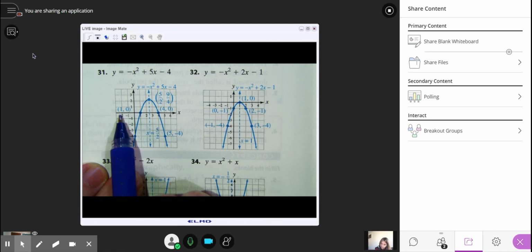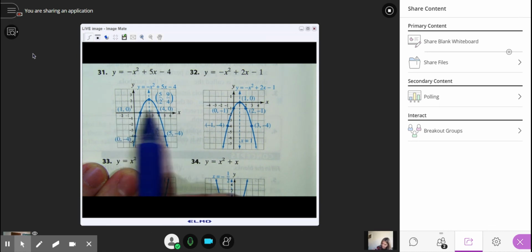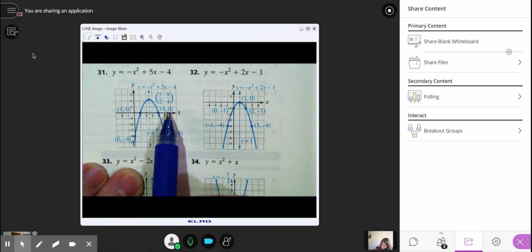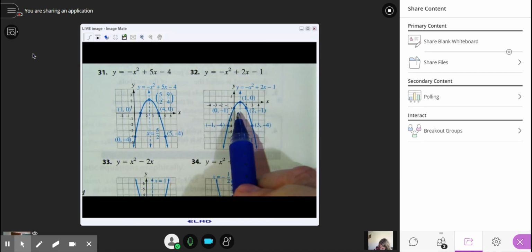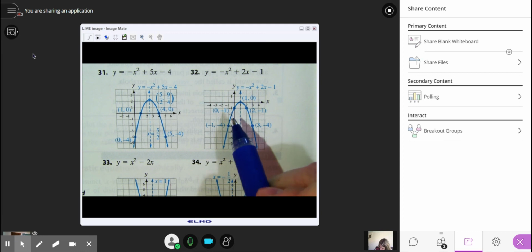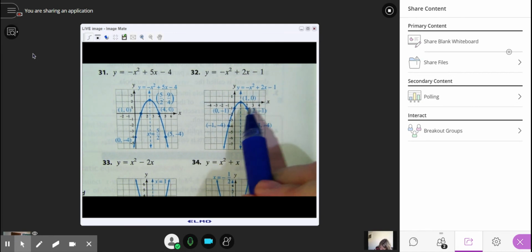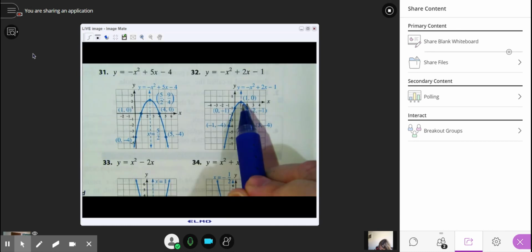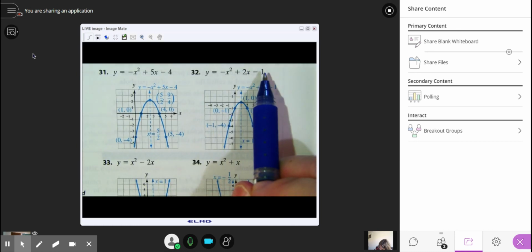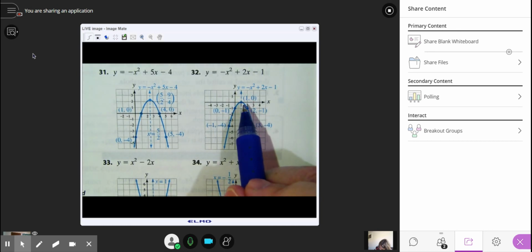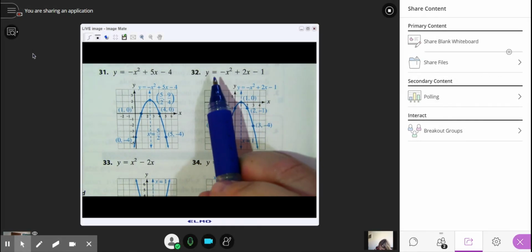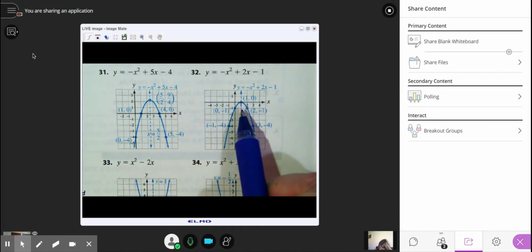Because those are the two values of x that have to give me zeros. In problem number 32, I've got a turn and burn at 1, 0. So 1 is the only solution to this equation. A positive 1 is going to give me a 0. So the solution to this equation has to be the 1.